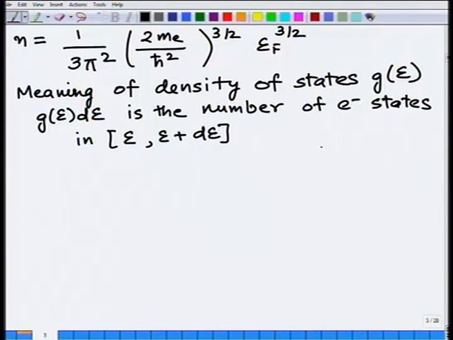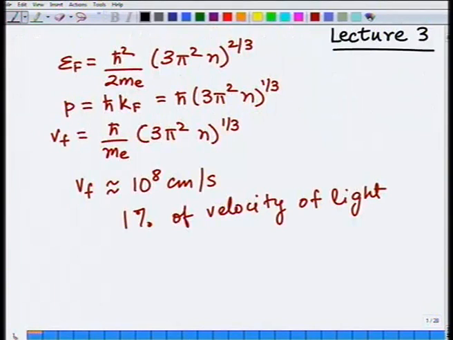And if indeed the probability of occupying those states is 1, that means all those states are occupied, then precisely these would be the energies, the momentum, and the velocities, the Fermi velocities, etc., of those electrons. Okay.